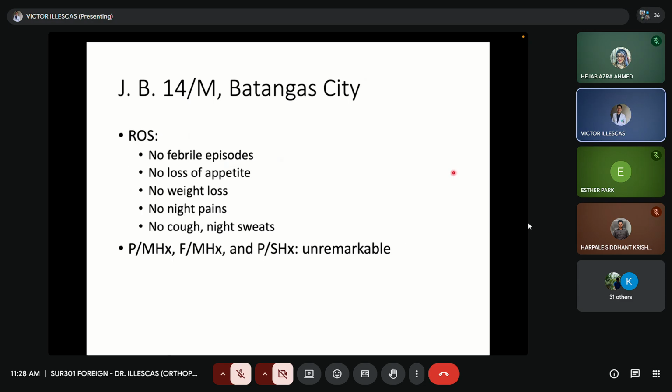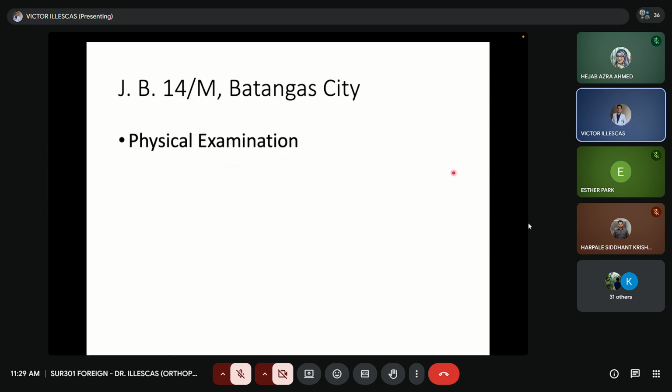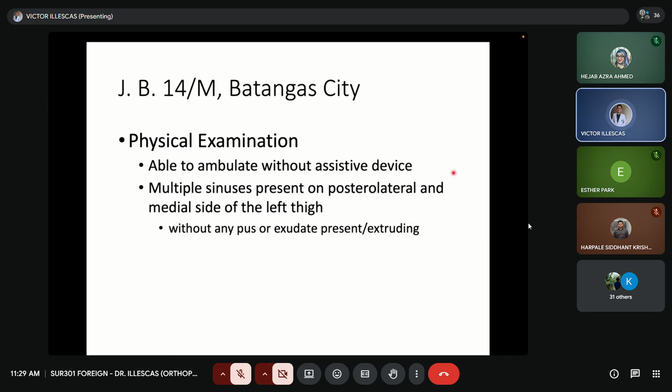So ROS and past medical history and family history are unremarkable. Physical examination will show that the patient is unable to ambulate without assistive device, and there are multiple sinuses present on the posterolateral and medial side of the distal thigh.